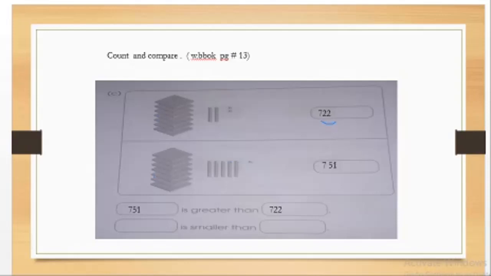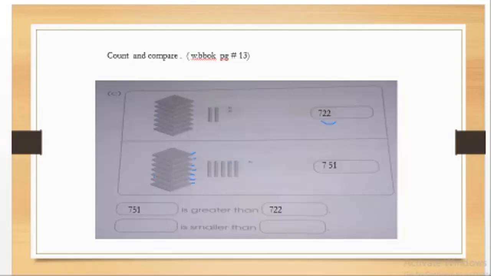Okay, dear students, when you count in your workbook, you are supposed to add it, or you can draw a line with the help of a pencil to make clear whether you counted each and every slab, like 100, 200, 300, 400, 500, 600, 700.